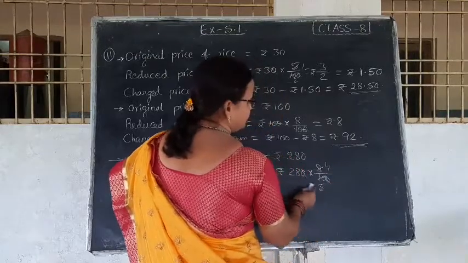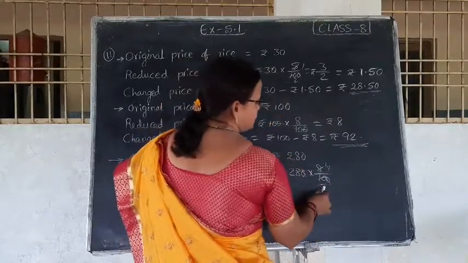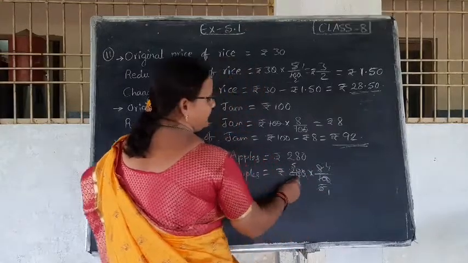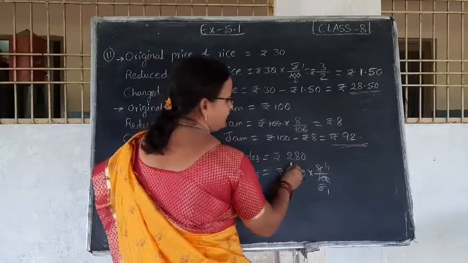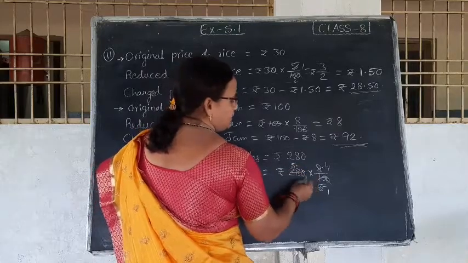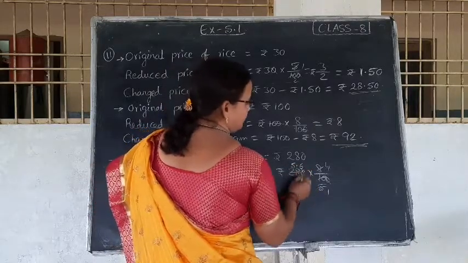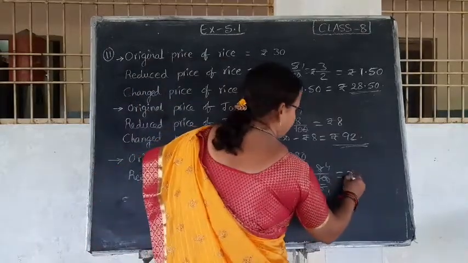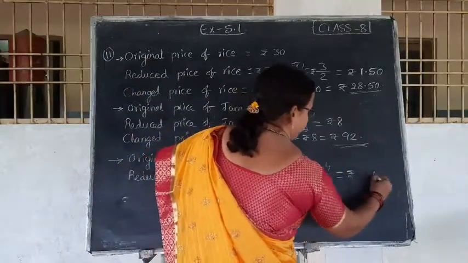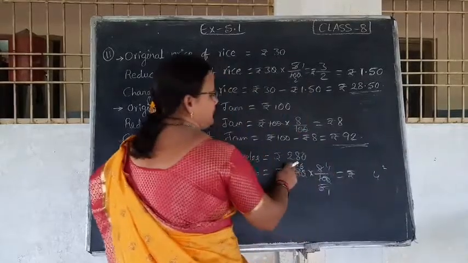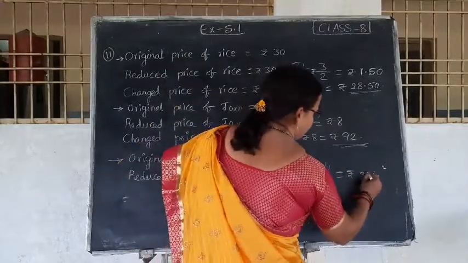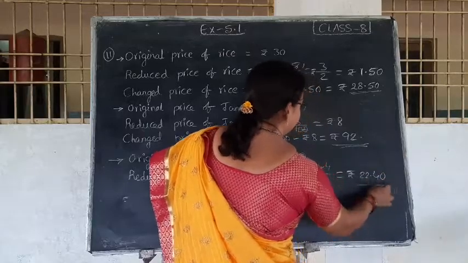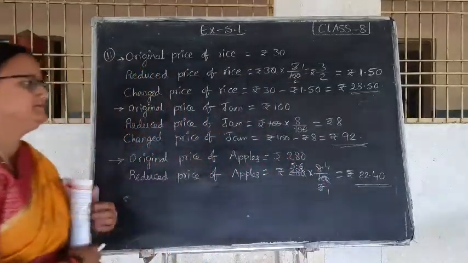You may do this in decimal form. 5 ones, 5 fives are 25, 3 remain. If you put a point, 30. So 5 sixes are 30, giving 5.6. Then 5.6 into 4: 6 fours are 24, 4 fives are 20, 20 plus 2 is 22. So 22 rupees 40 paise of price is reduced.